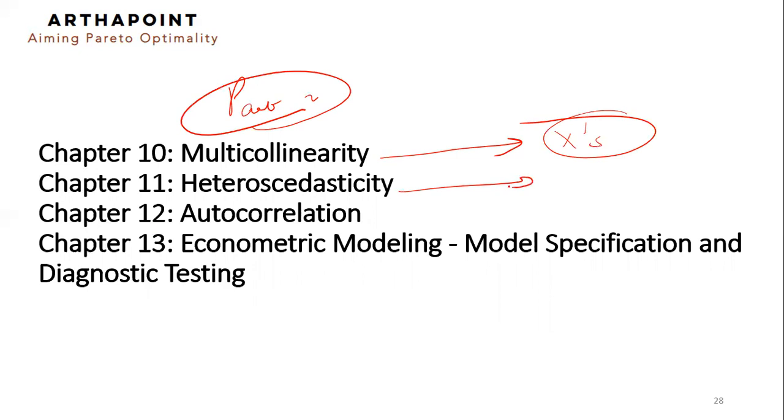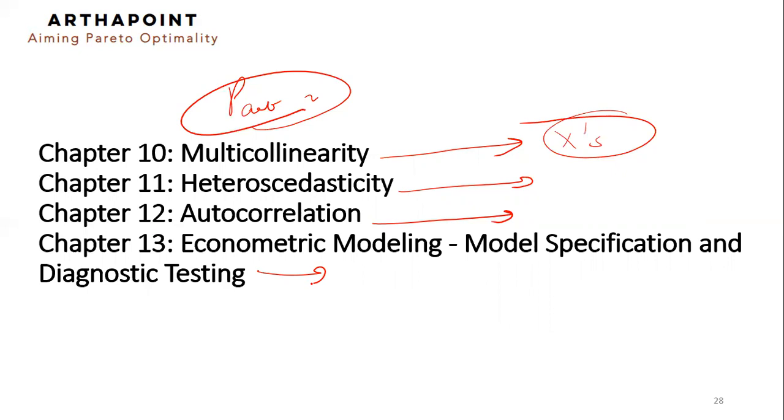What happens if the error variance is not constant? Autocorrelation. What happens if the error terms are correlated? And econometric specification, which is when you have to specify which model is the best model and you have to do diagnosis testing. This is part 2 of this course.